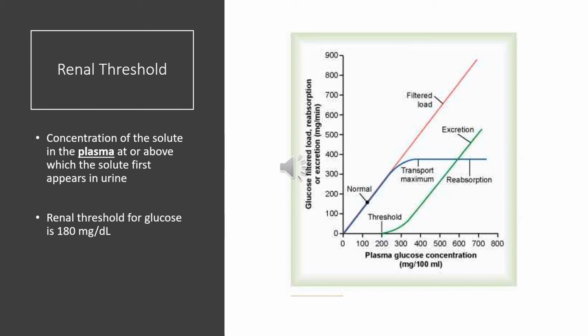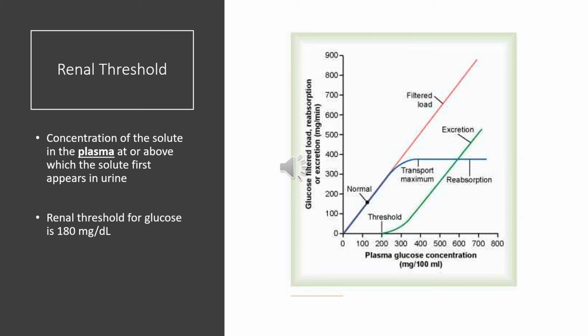Below this threshold level, the substance will be completely reabsorbed and will not appear in urine. But when the concentration of that substance goes beyond this threshold level, the excess amount of that substance will not be reabsorbed and hence appears in urine. So this level is called the renal threshold of that particular substance.